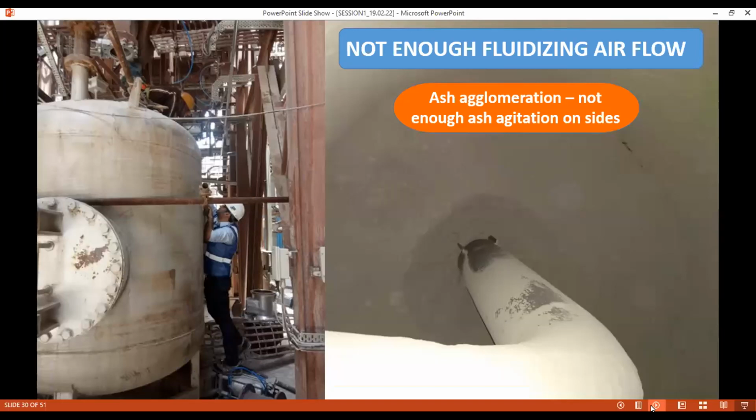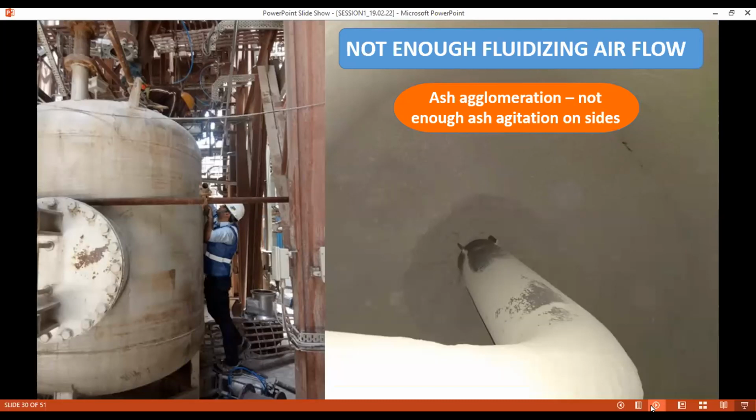These are some of the pictures that we have taken from a certain plant. These are, of course, top discharge blow tanks. But you can see that the fluidization pad was very, very constricted. So there was not enough fluidization air coming into the top discharge blow tank.